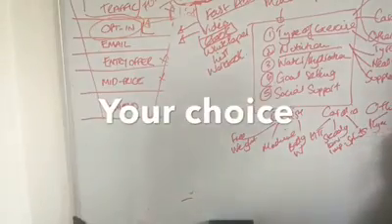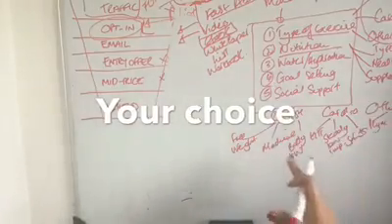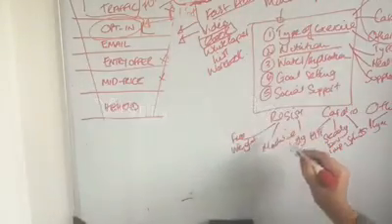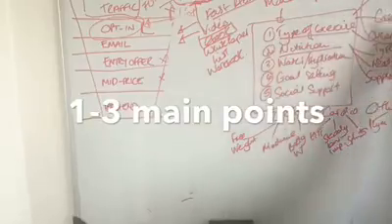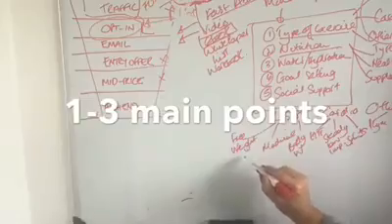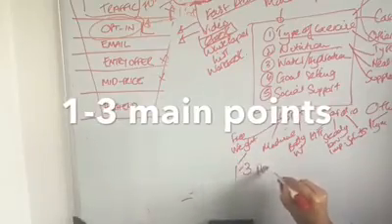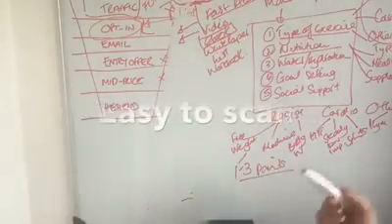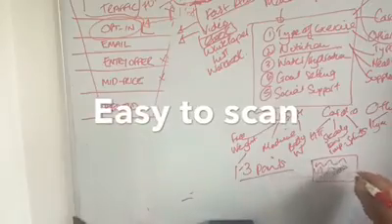I mean, this really is your choice, because it's what you believe helps develop this fast abs 6-pack that people are looking for. So now you've broken down exercise into types, and you've broken down types even further. Then all you're really looking to say is 1 to 3 points on each subject, because you want this scannable, so you don't want to have big blocky paragraphs.